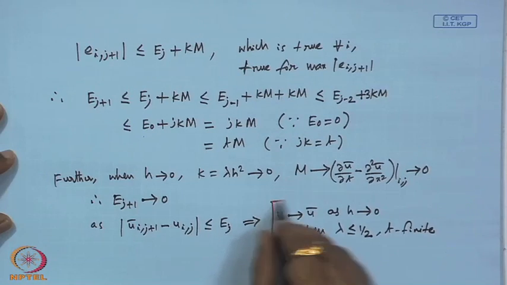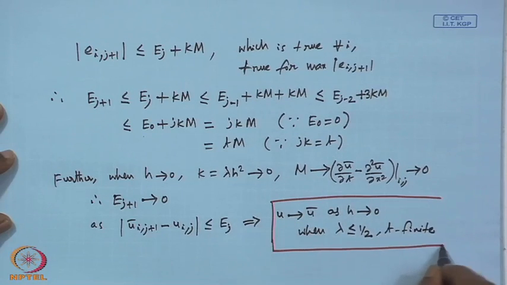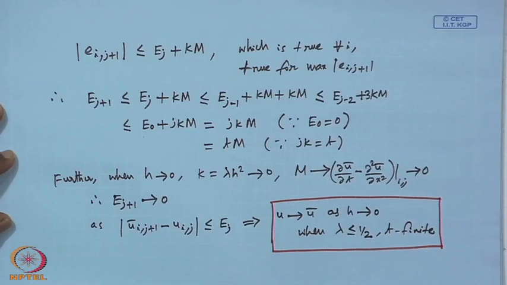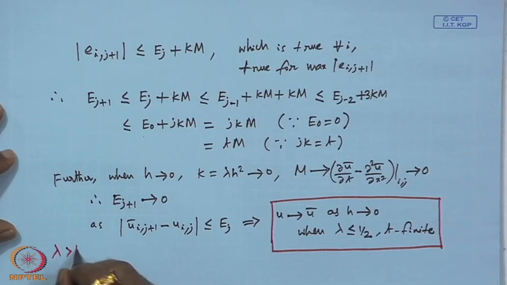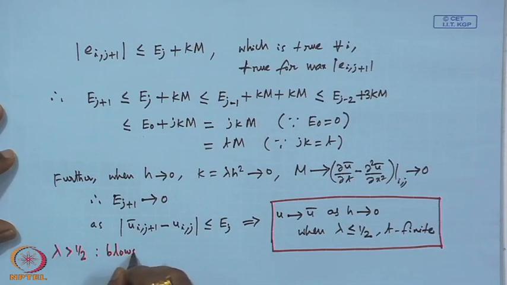So, this is our net conclusion: u agrees with the exact solution only when lambda is less than or equal to half. The remark is that when lambda is greater than half, the error blows up.